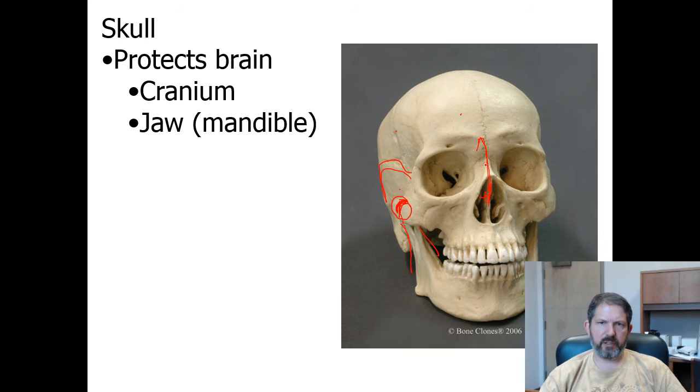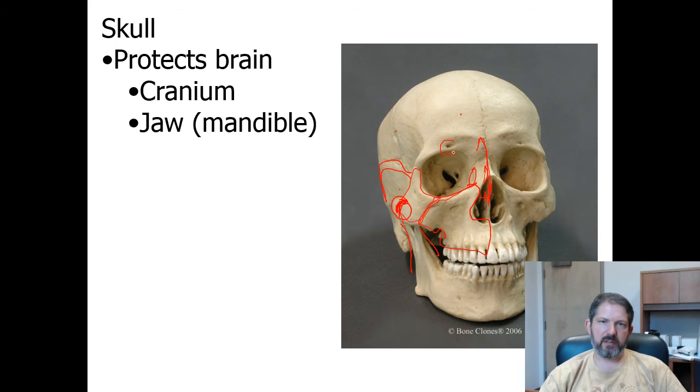And then your facial bones, like your nasal bones, your lacrimal bones that have the tear duct, and the zygomatic bone here, which is your cheek. The other part of your cheek is the maxilla, which comes down and holds your teeth, your upper jaw.